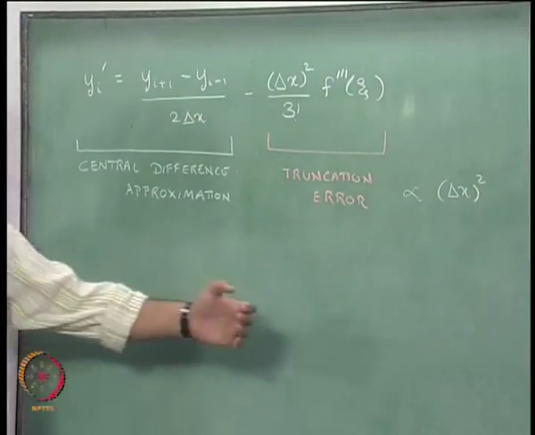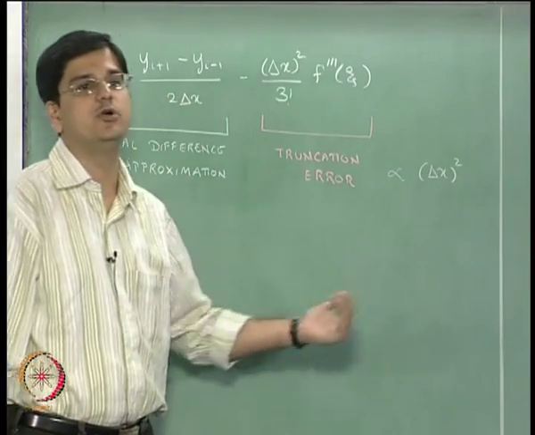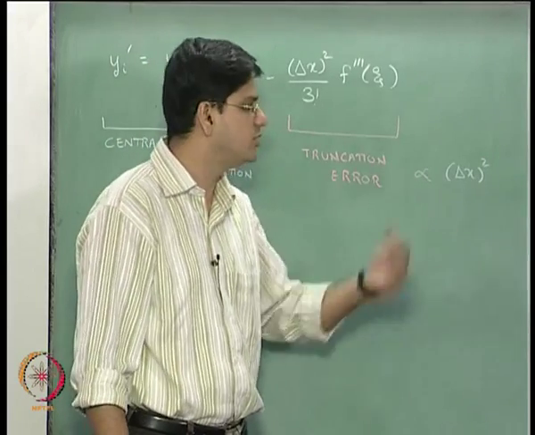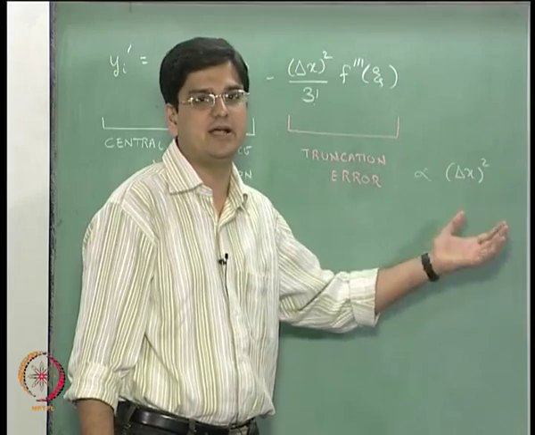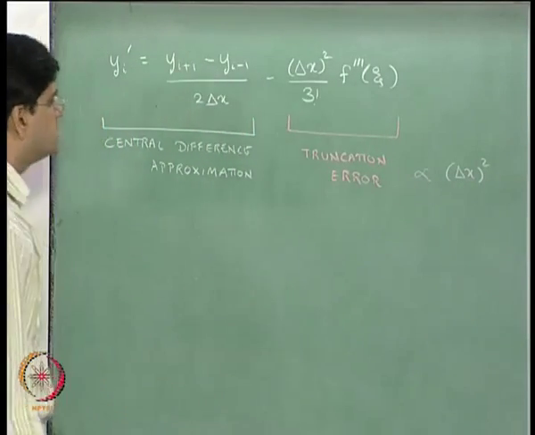Okay, so that means if you make the delta x 1/10, the truncation error is going to reduce by 1/100th. If you double the delta x, you are going to make the truncation error in dy by dx 4 times greater. Okay, so that is what this particular thing means.